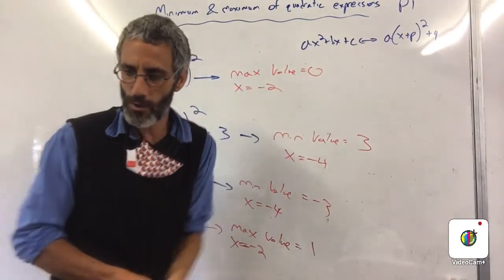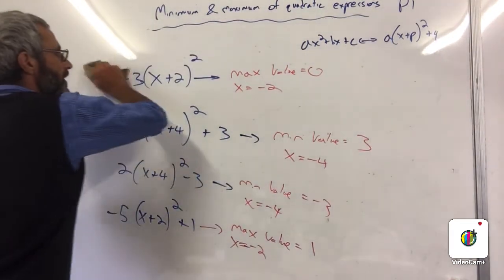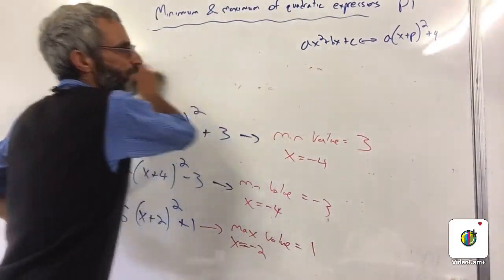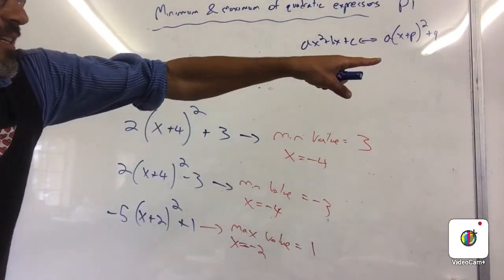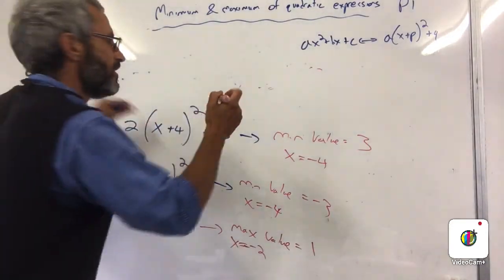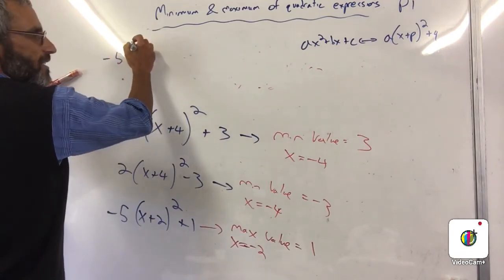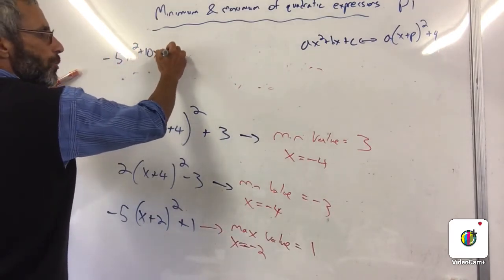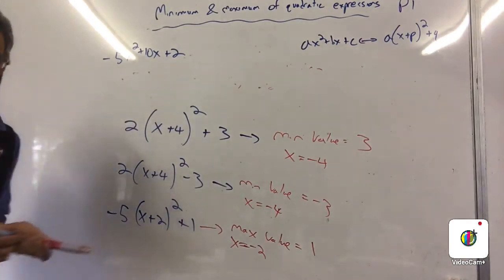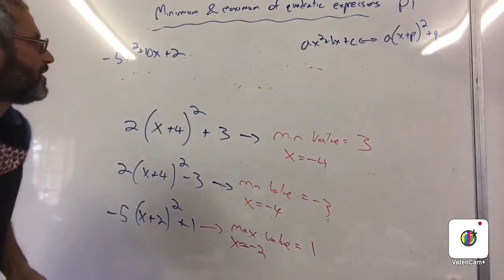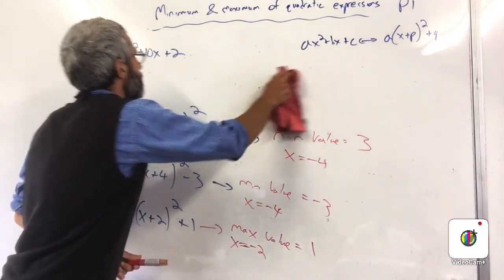And now, guys, I'm ready to tell you why we actually did that. Let's take this one. Earlier, Finn, you asked me to do that: minus 5x squared plus 10x plus 2. If I give you this quadratic expression, can you tell me if it has a minimum or maximum?